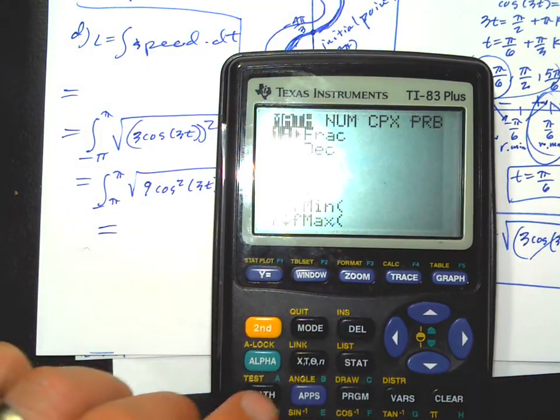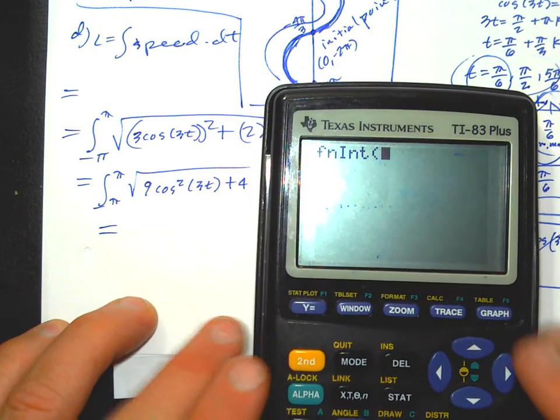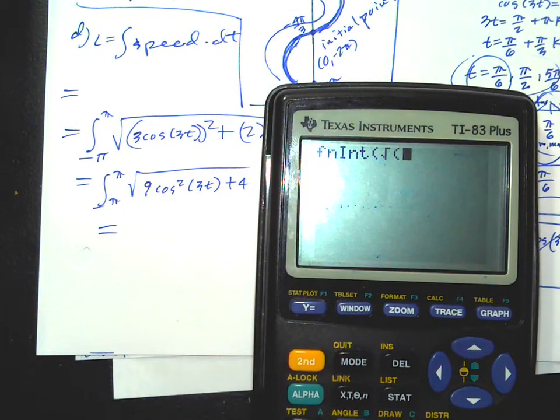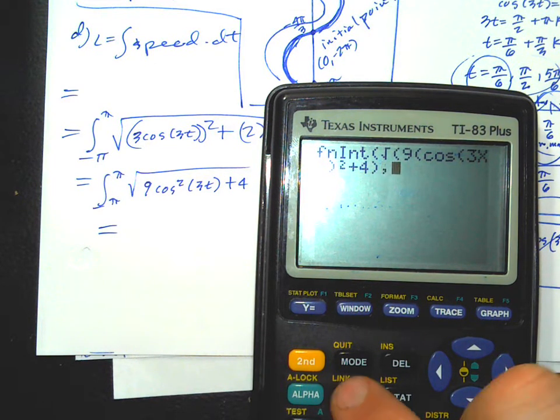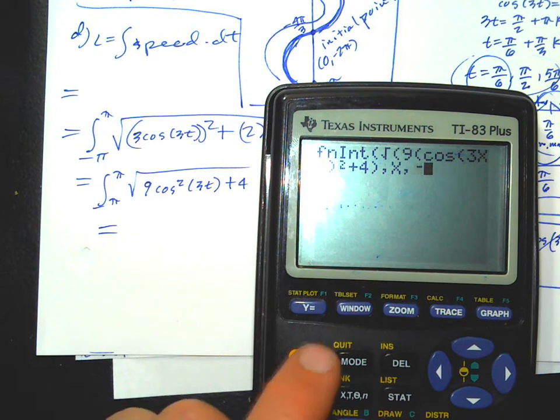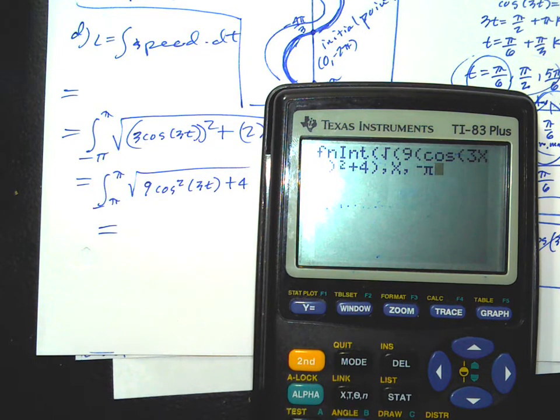So math 9, square root, 9 parentheses cosine 3x close squared close, and then plus 4 close comma x comma negative pi comma positive pi.